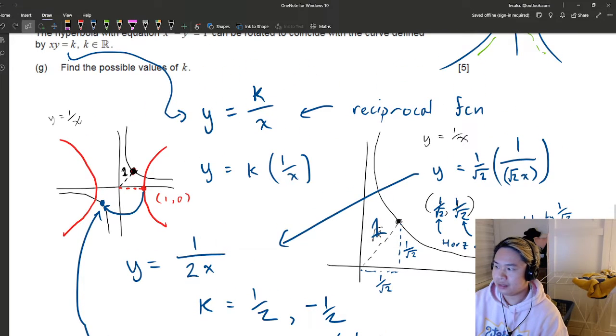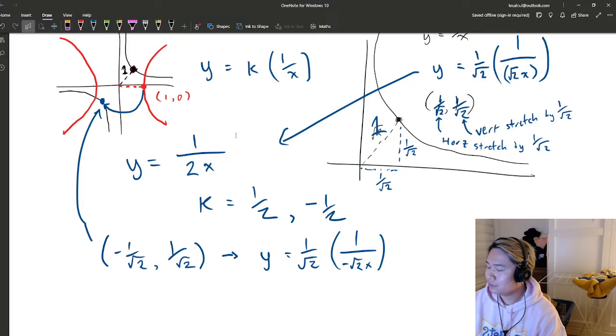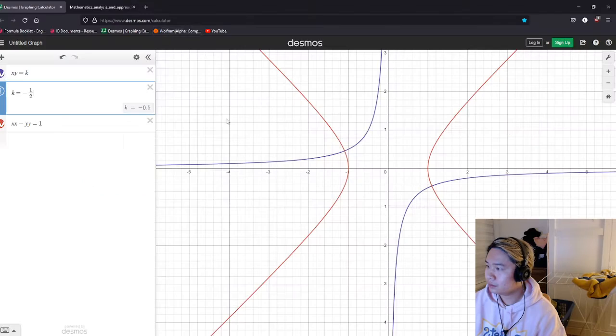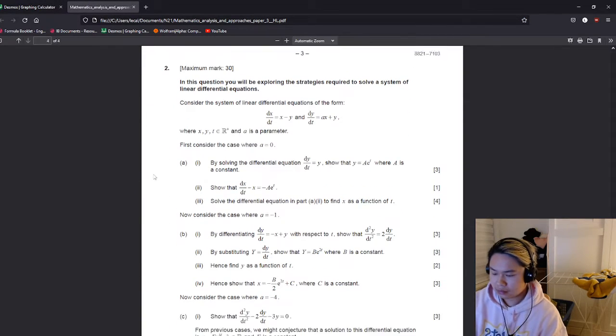Or you can think of this one rotating all the way over here. Oh, I had it slightly backwards, I made the hyperbola negative, but anyways, you get the same answer. Okay, and then we're done.